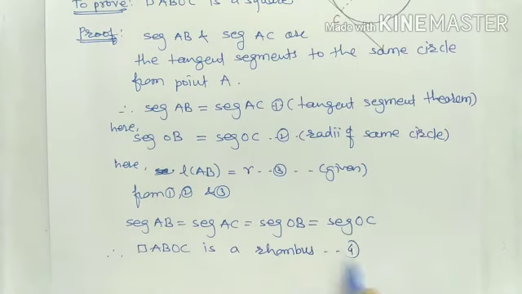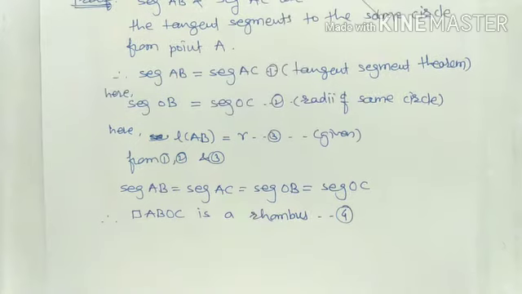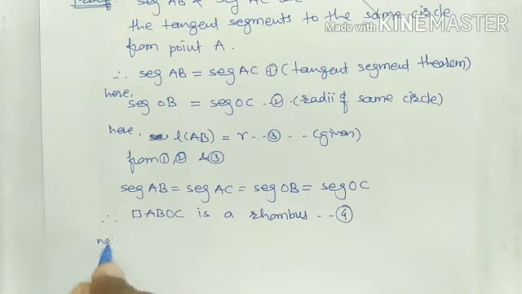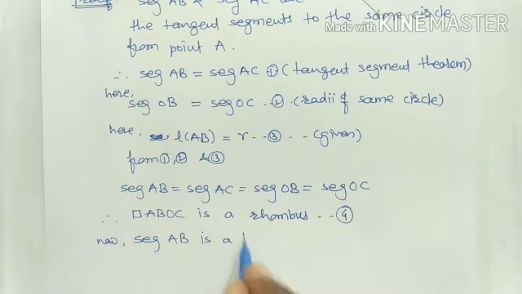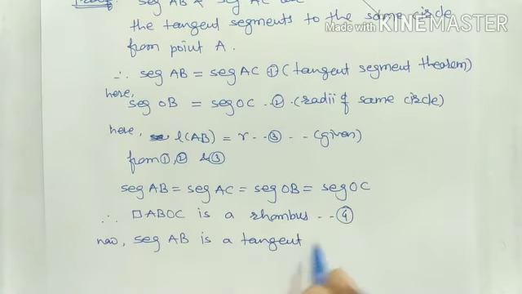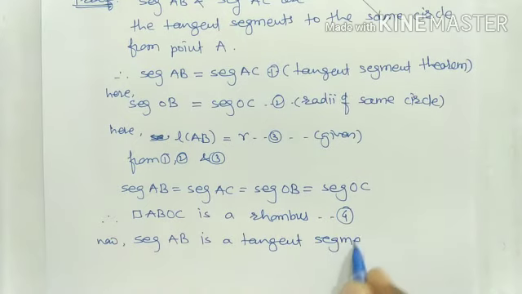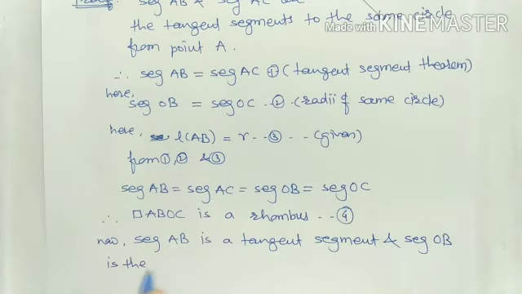ह्याला नंबर देऊया पुढचं नेक्स्ट 4. Now segment AB is a tangent segment and seg OB is the radius through the point of contact.